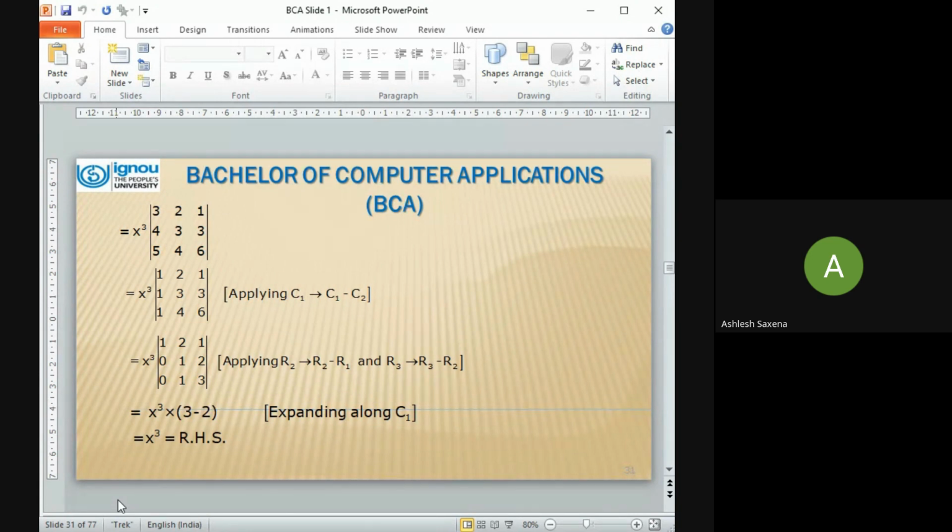Is this clear? Am I audible to you? Have a look at what I've done.